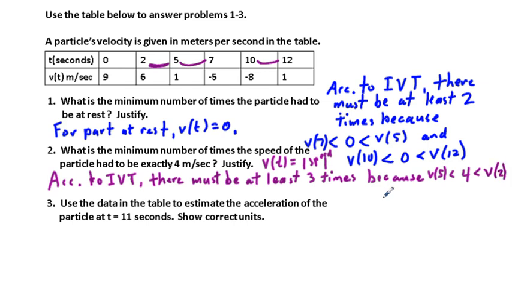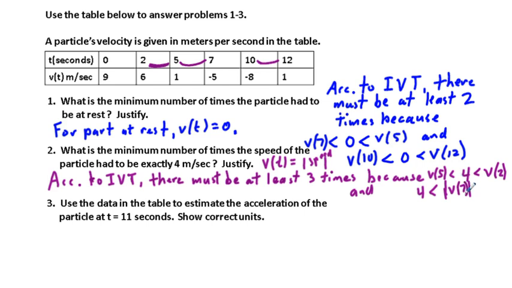And now the other intervals, and let's see, how should we say this? 4 is less than the absolute value of v sub 7.